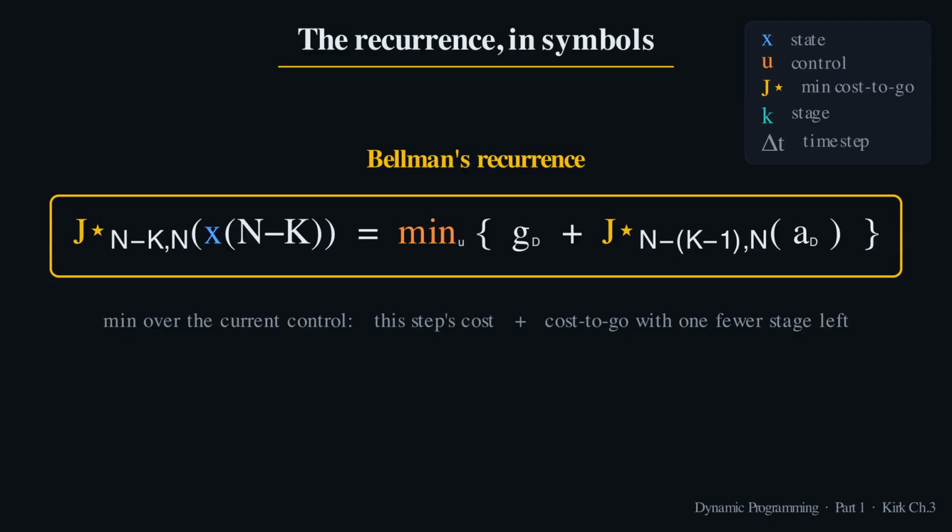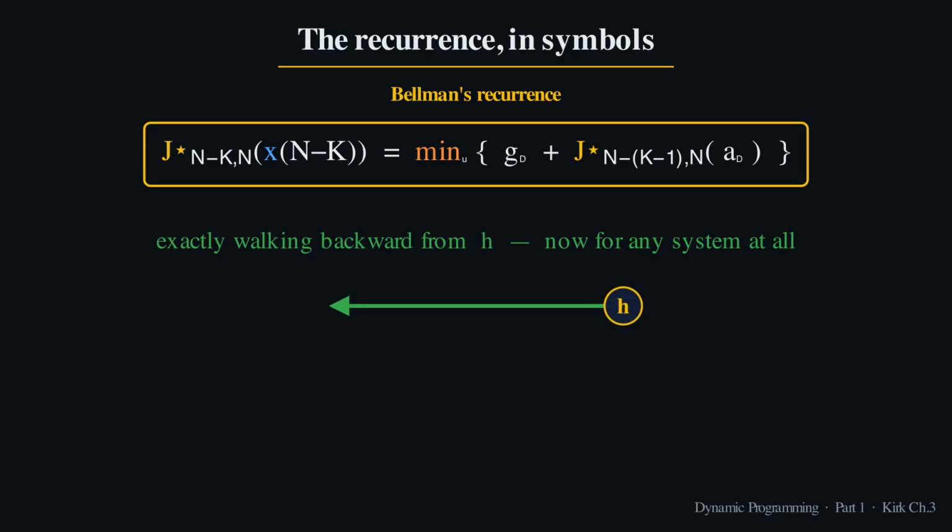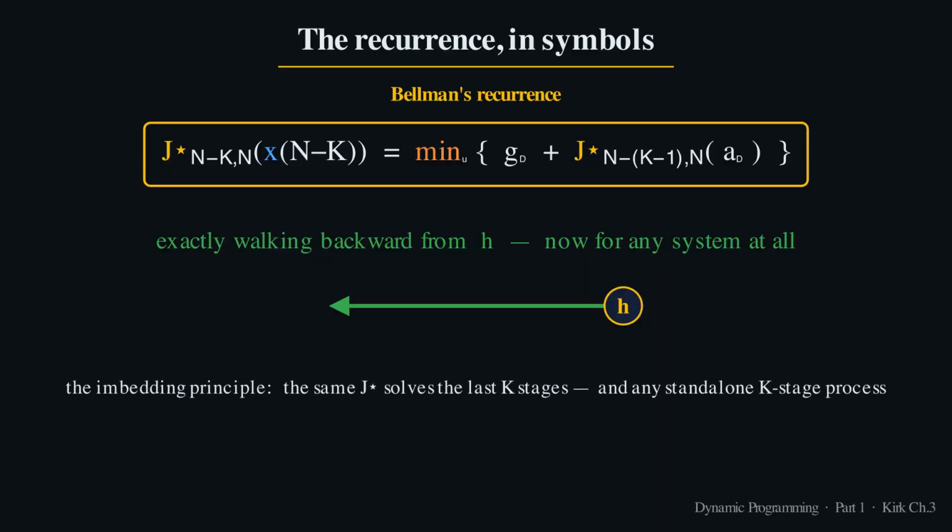The minimum cost with k stages to go equals the minimum over the current control of this step's cost plus the cost to go with k minus 1 stages left. That is Bellman's recurrence. And it is exactly walking backward from h, now written for any system at all.